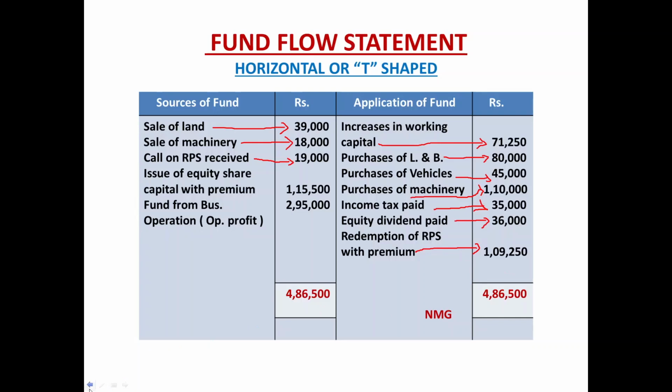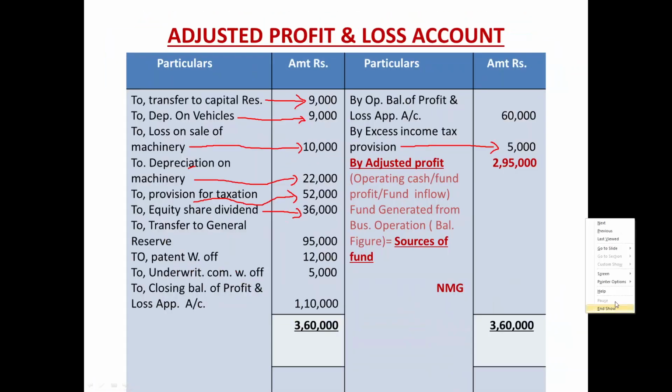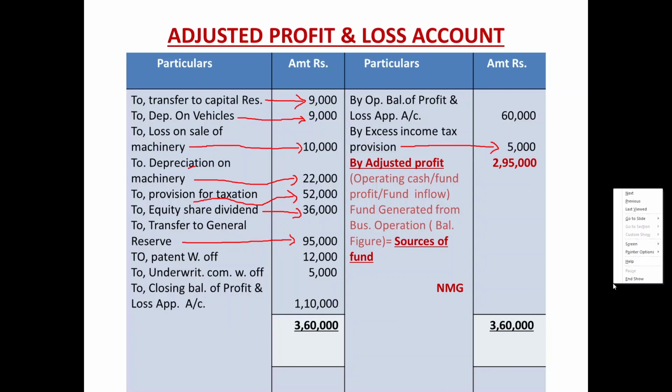Two items in the fund flow statement and one in adjusted profit and loss account. On the left hand side, on the plus side, transfer to general reserve 95,000. So 3 effects we gave in the fund flow process, 2 in the fund flow statement, 1 in adjusted profit and loss account.